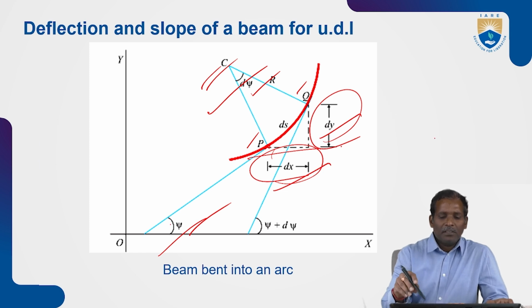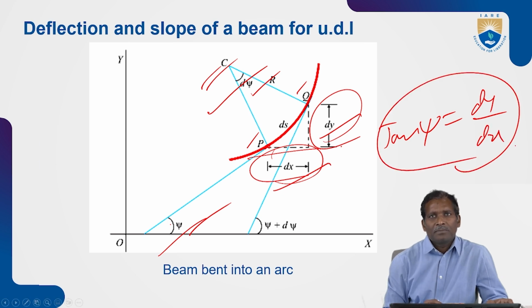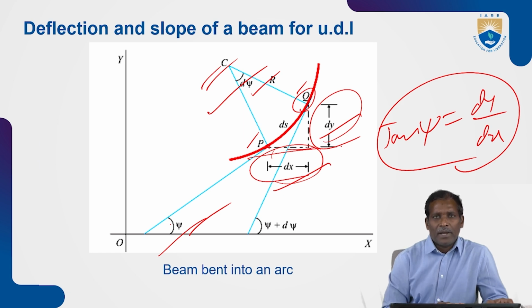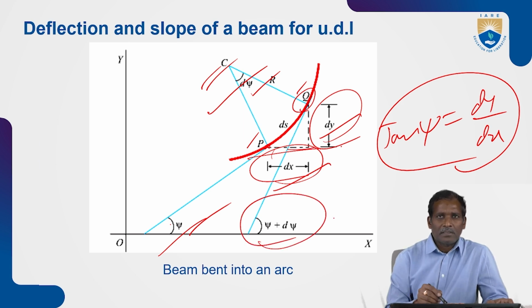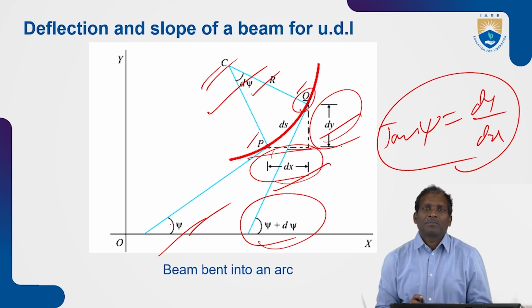So you can write tan psi is equal to dy by dx. At this point Q, here also x and y, but here the angle is psi plus d psi.